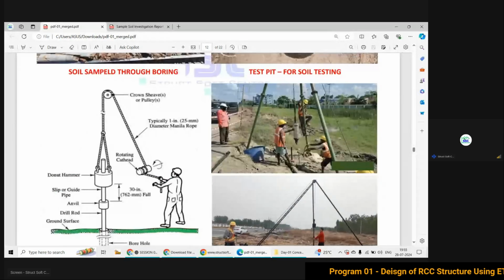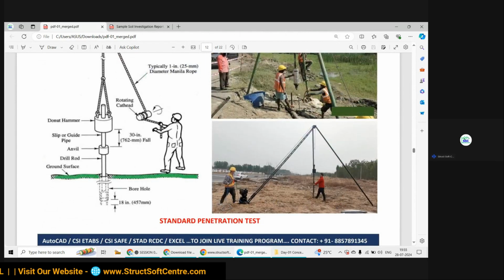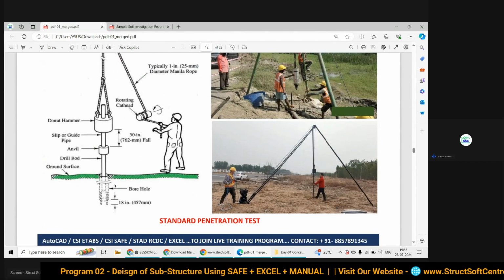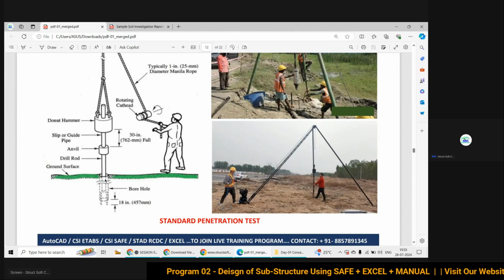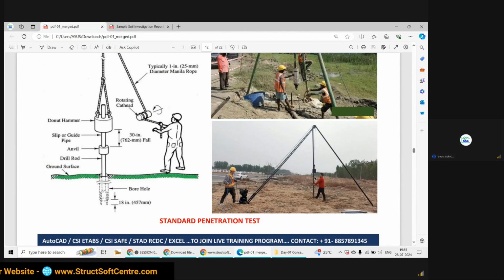So what we do is drop a hammer, a weight over the soil, hammering over that, and we count how many blows are required to advance the borehole, putting that drill rod. So we are actually finding what number of pounds are required to penetrate. Okay, that's called the standard penetration test.